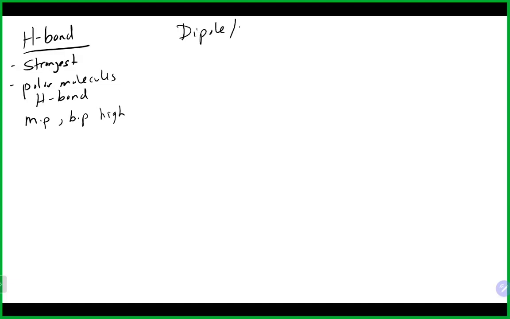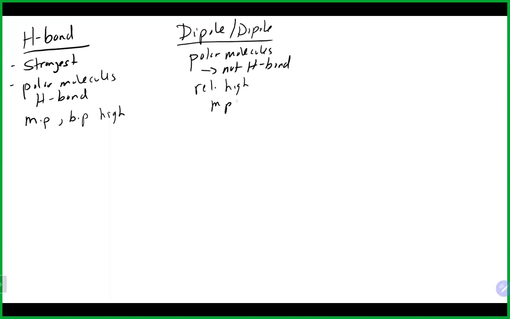Dipole-dipole is the main interaction, as we talked about, between polar molecules that cannot hydrogen bond. And again, they would also have relatively high melting points and boiling points. Not as high as hydrogen bonding, but they would definitely have higher ones than something that's using dispersion forces, which is typically the interaction of nonpolar molecules.